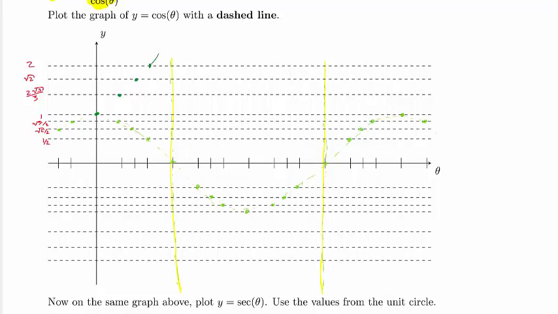And as we saw, this will be shooting up like so. And then the same thing on the other side right here. Alright. And then right here, same thing again. Same pattern.